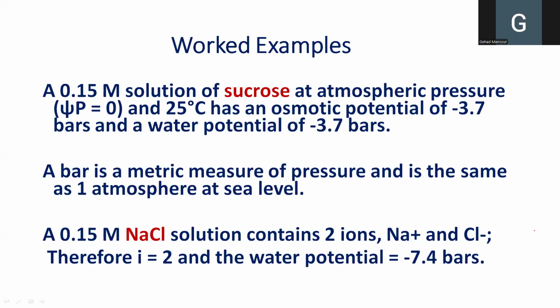Now we have worked examples on that slide. In this example, we can see that a 0.15 molar solution of sucrose at atmospheric pressure, and when we say at atmospheric pressure, we mean that psi P equals 0, and at temperature 25 degrees Celsius, has an osmotic potential, or a solute potential, of minus 37 bars, and a water potential of minus 37 bars.